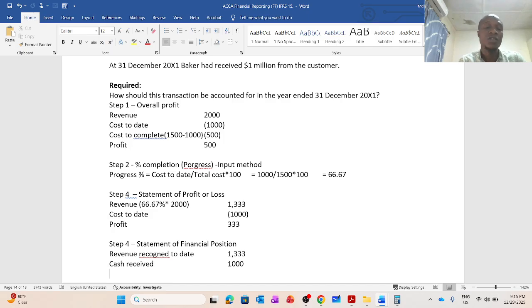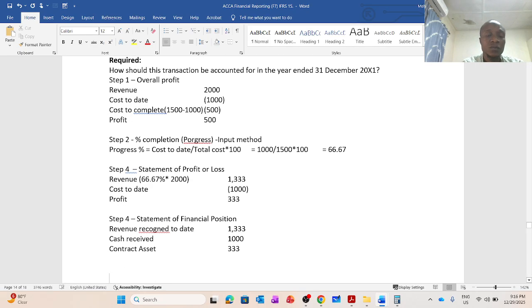You can look at the conceptual framework as well. So basically, the revenue we recognize is 1333, and the cash actually received is 1000. So we are going to get a contract asset of 333. So for this particular example, this is the solution.